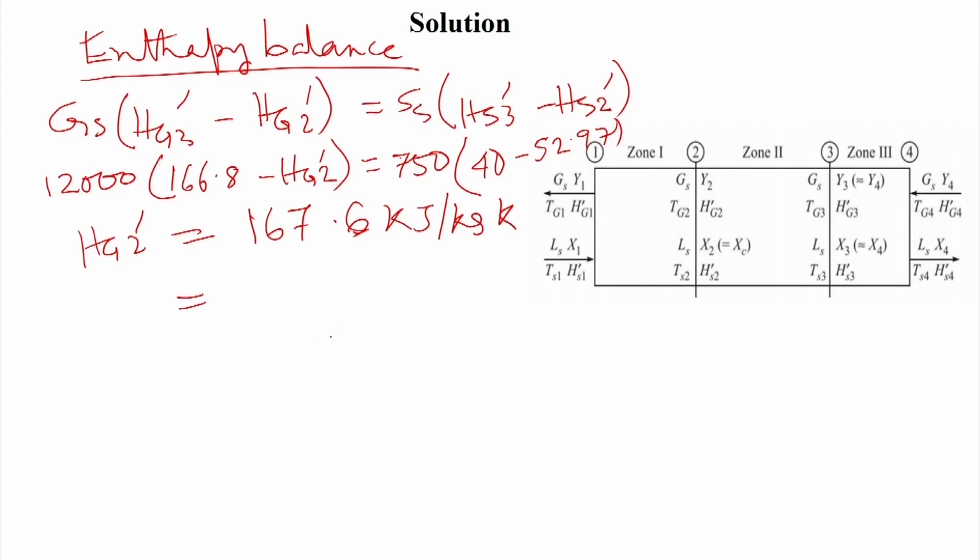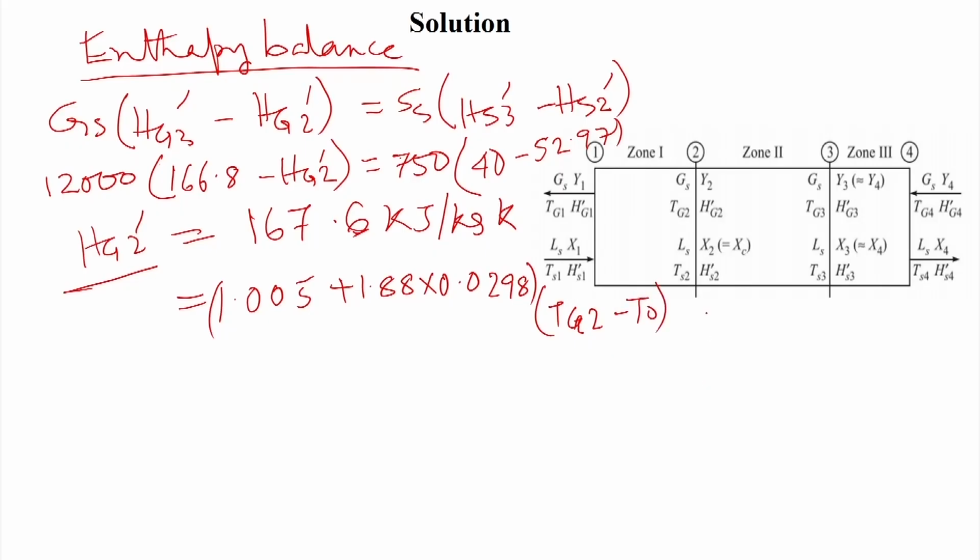Just by using the equation in terms of temperature, we will be getting 1.005 plus 1.88 into Y2, that is 0.0298, into Tg2, we do not know, Tg2 minus T0, that is 0 degree, plus 2500 into Y2, that is 0.0298.